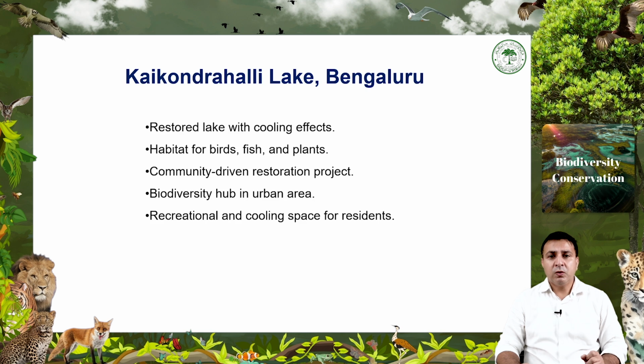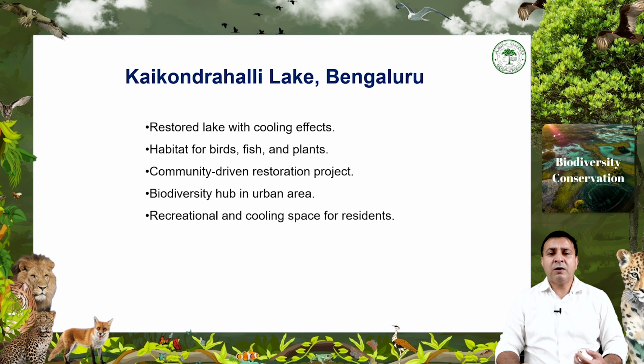Another is Kokandrali Lake, Bengaluru. This is a community-led restoration project that provides cooling effects for nearby areas and also supports diverse species including migrating birds, fishes and a number of aquatic plant species. This project is managed by local NGOs and residents.